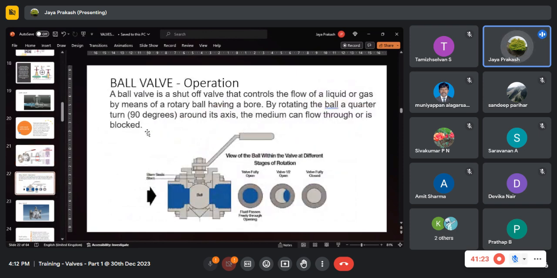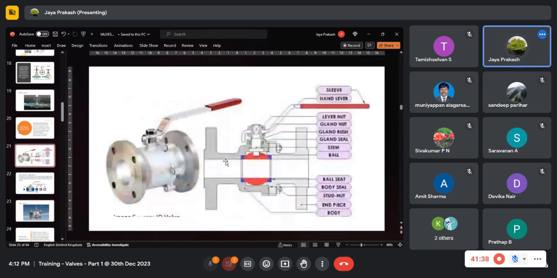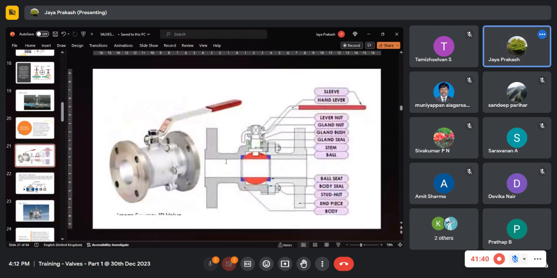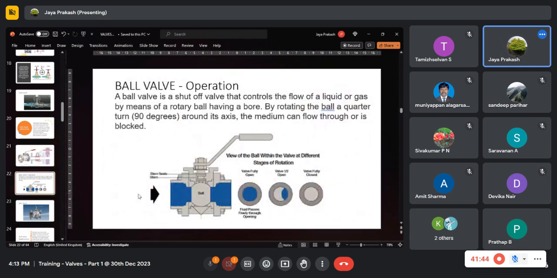Here you can see a ball valve is a shut-off valve that controls the flow of a liquid or gas by means of a rotary ball having a bore. By rotating the ball a quarter turn, 90 degrees around its axis, the medium can flow through or is blocked. This is the ball, and you can see the hollow portion is towards the bore.